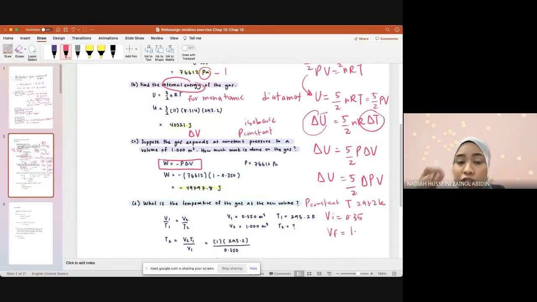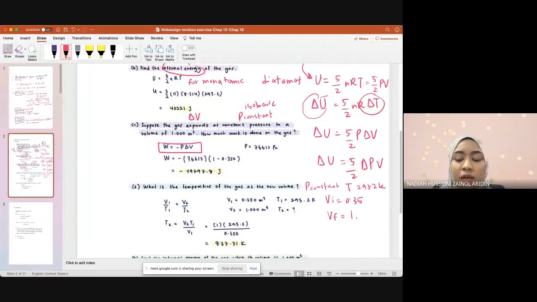So when we are trying to find a new state, we always go back to this. Remember, state. We are trying to find the state, not the internal energy. Finding the state of a gas, we go back to this equation. Look at what we are trying to find. We are trying to find the new temperature. So the temperature is supposed to be changing lah. And V changes, T is supposed to change. So P and R is constant.